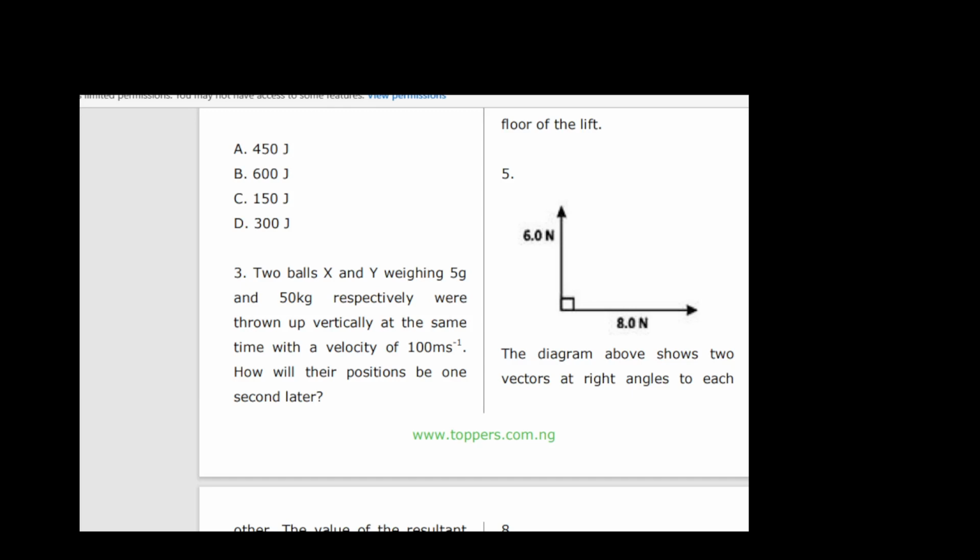When you look at this question, it's strictly under the topic gravitational field. For that reason, we are going to start by looking at gravitational field in today's class. So without any further ado, let's move to our board.